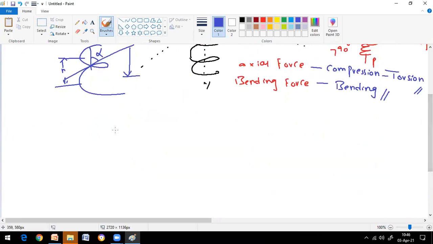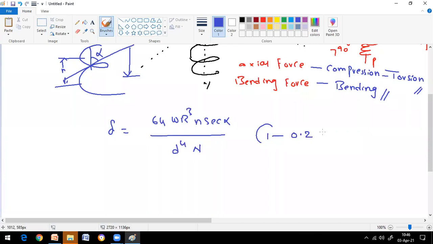Then how can I write a deflection formula straight away? Okay, so deflection is equal to 64 W R cube N secant alpha by d power 4 capital N (1 minus 0.2 sine square alpha).